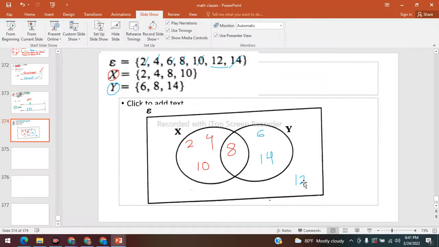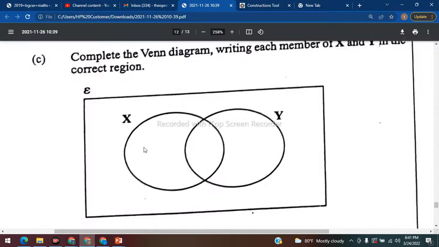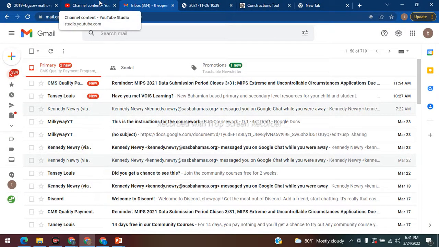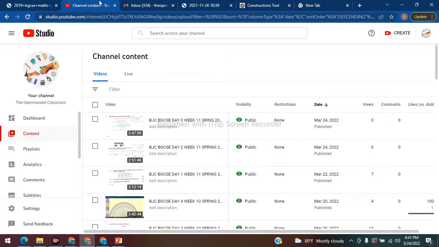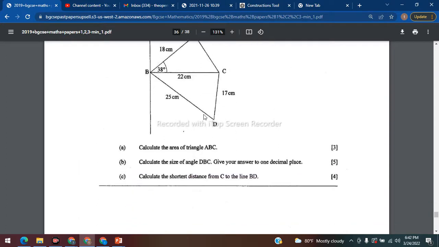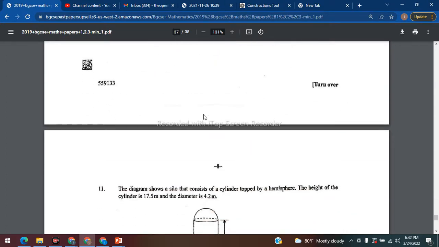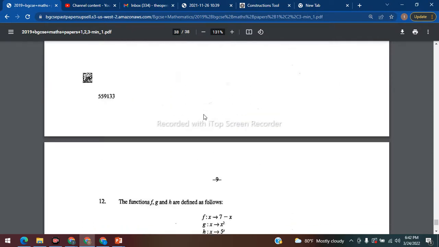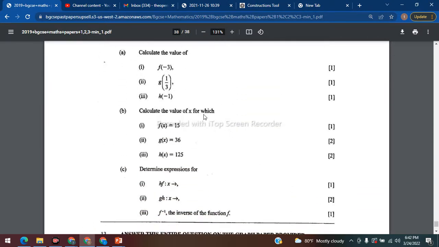Alright, so let's move on. That's good. So we go on to number 10. Okay, almost finished number 11 and 12. We finished all of 12.